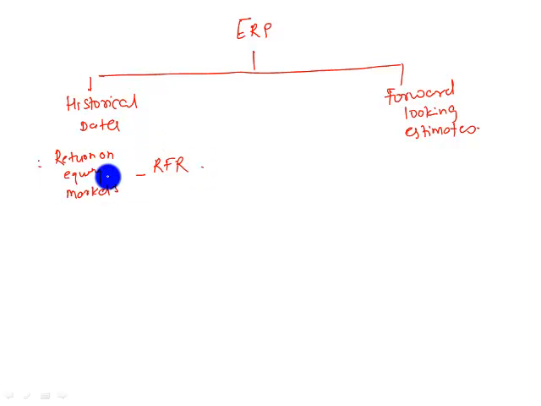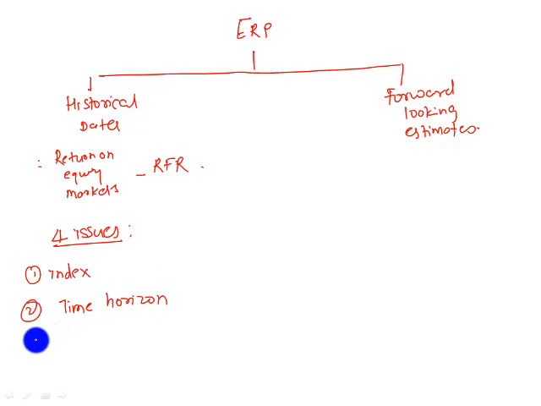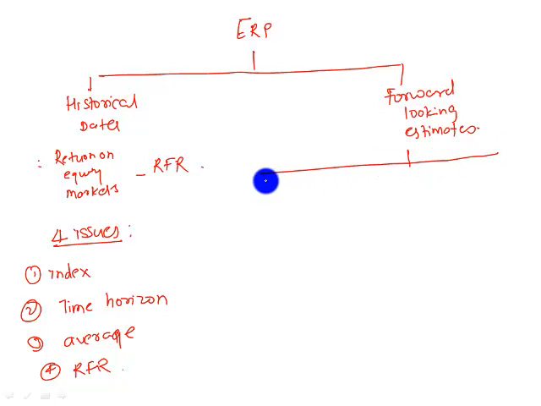What four major issues we'll have in this? Number one, what index do we have to consider? Yes, time horizon. What type of mean or averages are we going to calculate? And the fourth one is, what is the proxy for RFR? In forward looking estimates, three methods we've looked at.